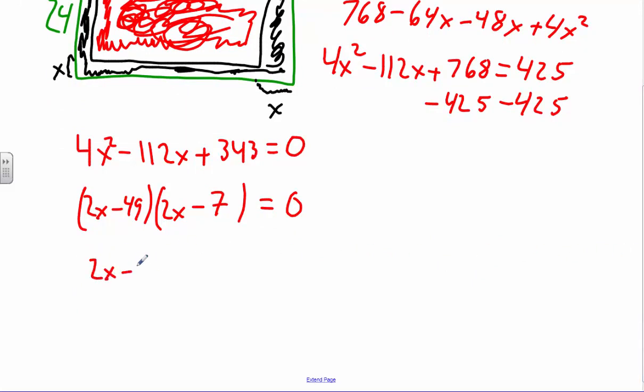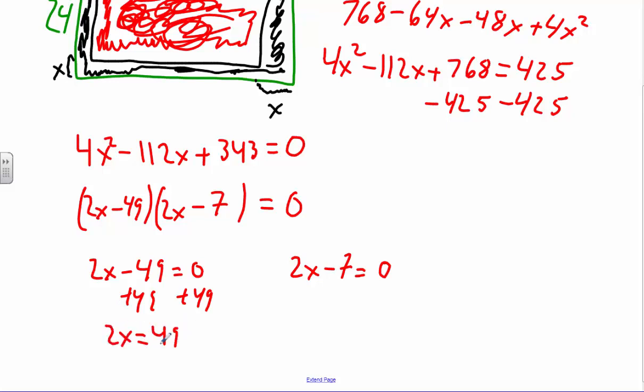So 2x minus 49 equals 0. 2x minus 7 equals 0. Add 49. 2x equals 49. Divide by 2. And we get one value: x is equal to 49 over 2, which is equal to 24.5.